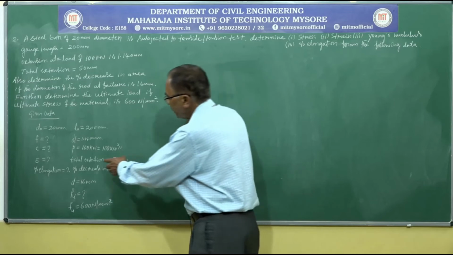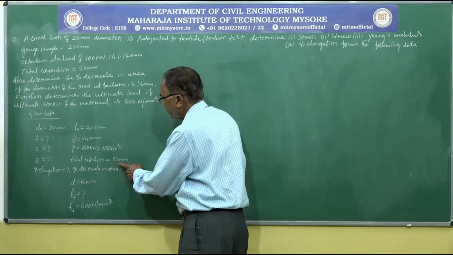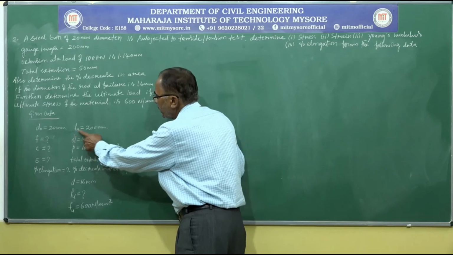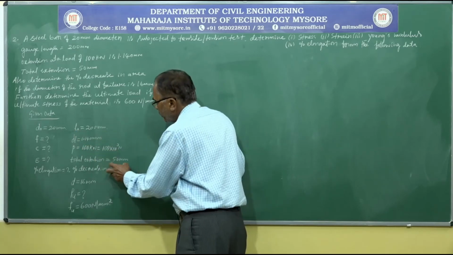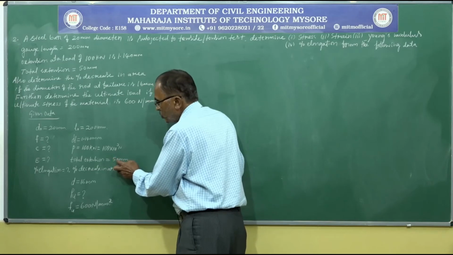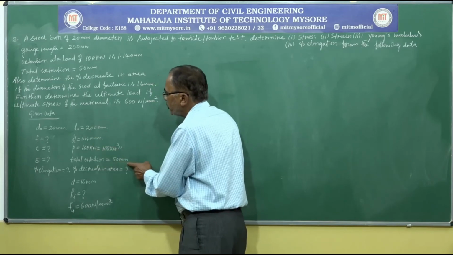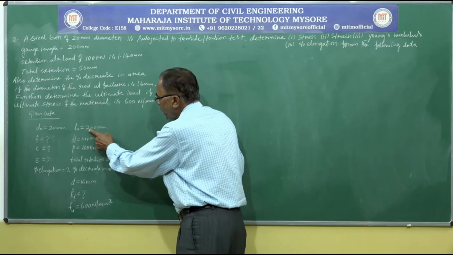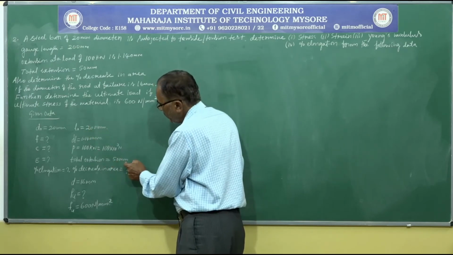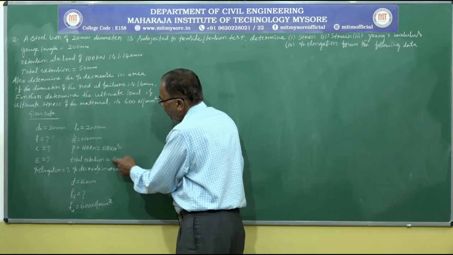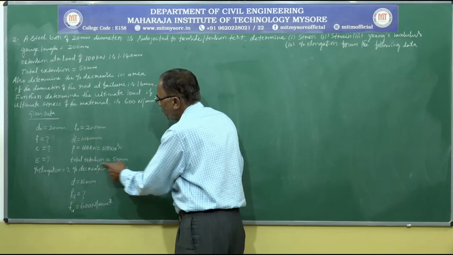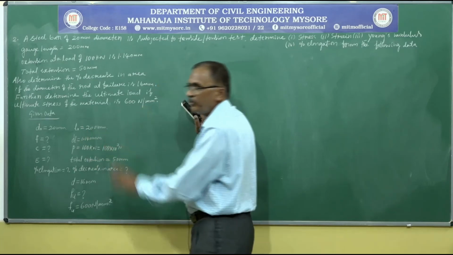In the problem, it is given that the total extension is 50 millimeter and the original gauge length is 200 millimeter. So this is not the final gauge length, it is the total extension. The final gauge length of the specimen is equal to the original gauge length plus total extension. That is the extra concept here. The final gauge length is L0 plus total extension, which is equal to 250 millimeter.